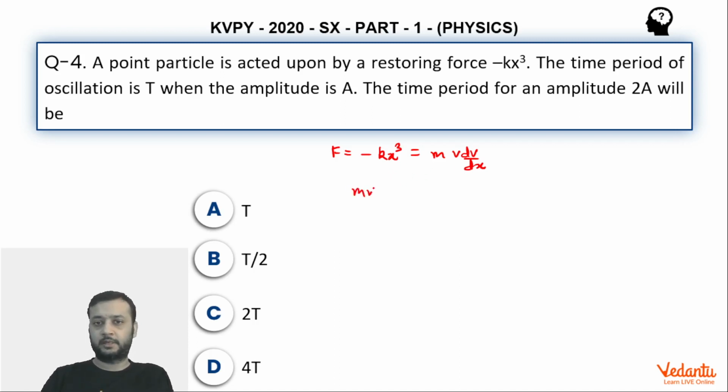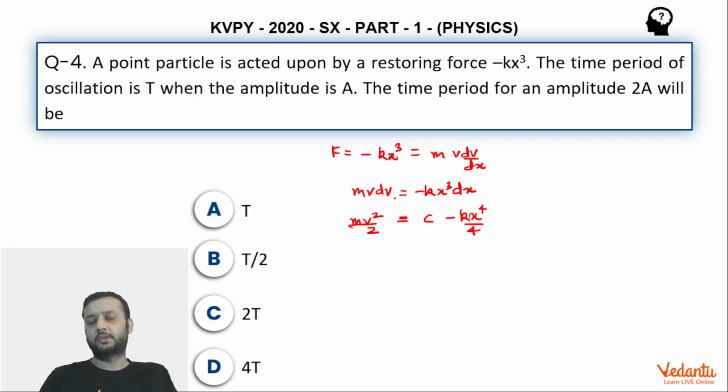Now if you integrate this equation, minus kx cube dx, you are going to get mv square by 2 equals some constant. I'm performing indefinite integration, so some constant c minus k into x to the power 4 upon 4, correct? So I have written one constant of integration c over here.